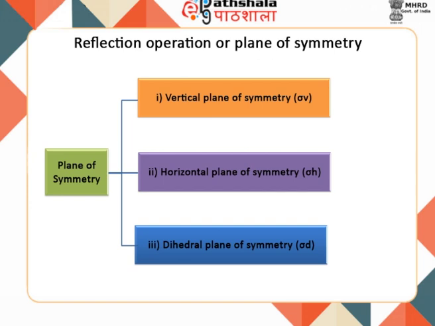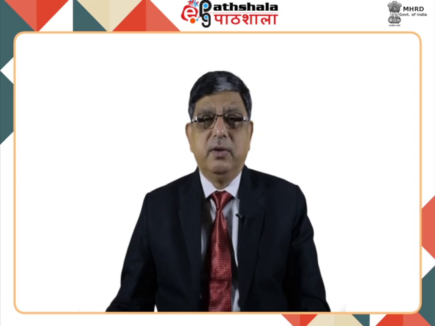The plane of symmetry may be regarded as the hypothetical plane passing through a molecule which bisects the molecule into two equal halves, which are just mirror images of each other. The standard symbol for the plane of symmetry is sigma. The same symbol is also used for the reflection operation.